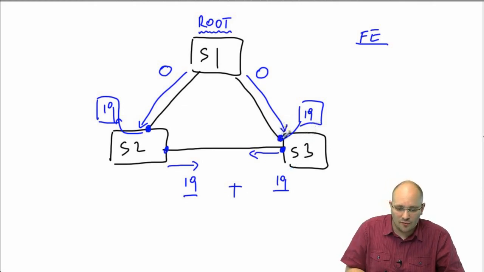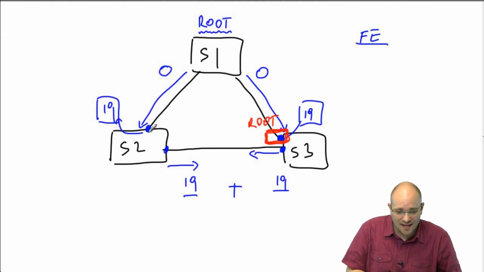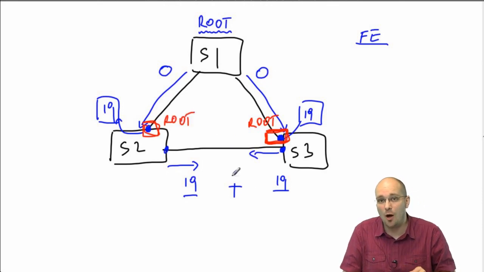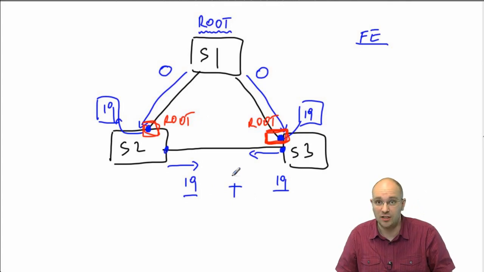So using this simple calculation, we can determine that this interface, facing switch 1 directly, will become the root port on switch 3. Similarly, this is going to become the root port on switch 2. So this is how the root port is determined.